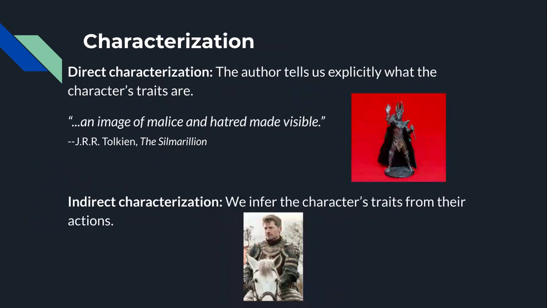We can also talk a little bit about characterization, and this is the method by which the author informs us about the characters and lets us know what their traits are. The two basic ways of doing this are direct and indirect. With direct characterization, the author just tells us straight up what the character's traits are.